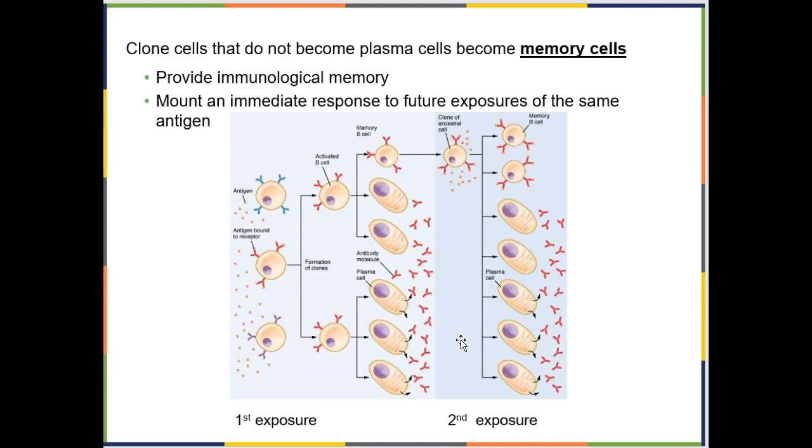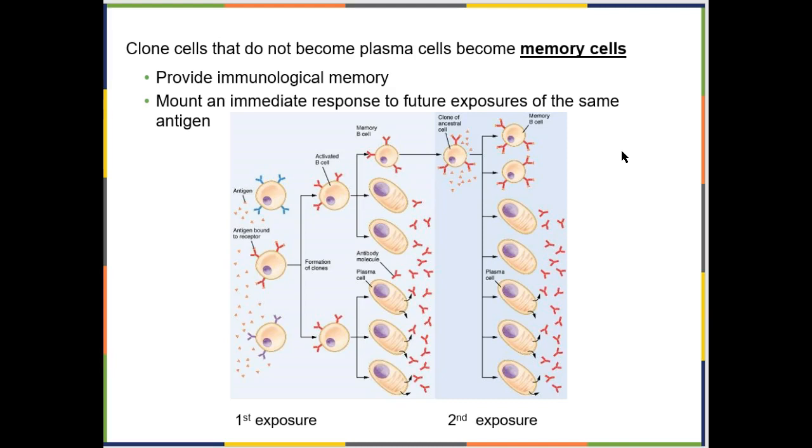Plasma cells go off and secrete antibody. Some members of the clone stay behind and become what are called memory cells. They look like the original naive cell, only now you probably have thousands of them. I do not know how many memory cells you form, but it is a lot more than just one.